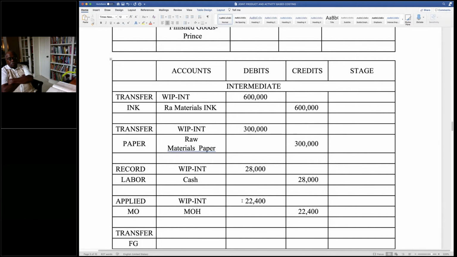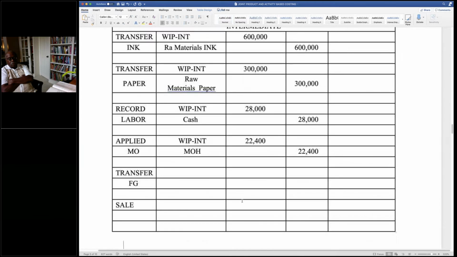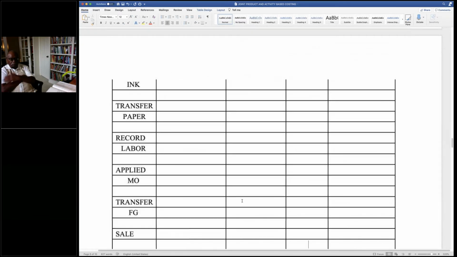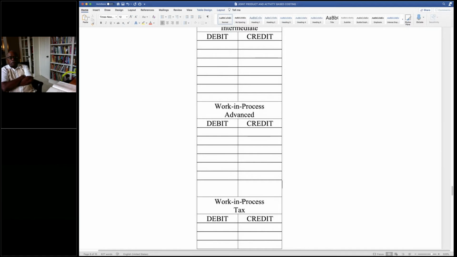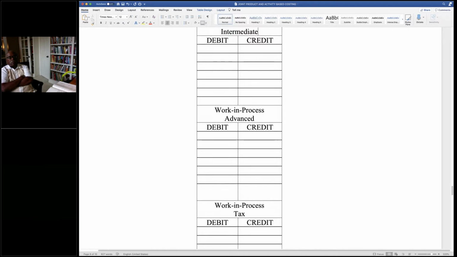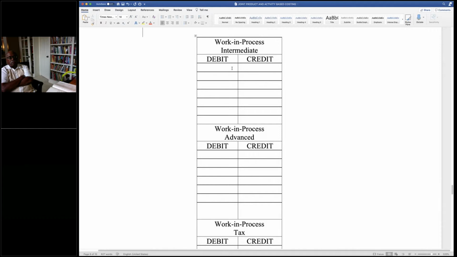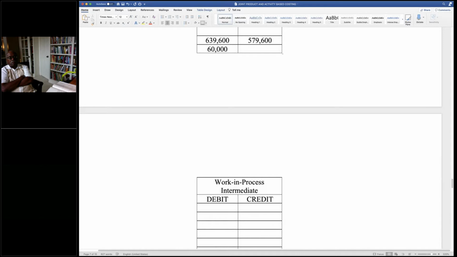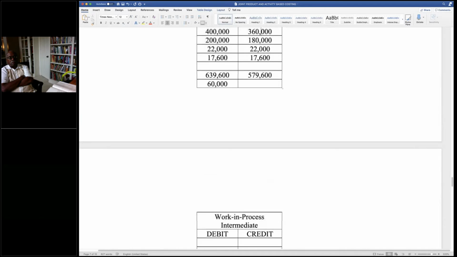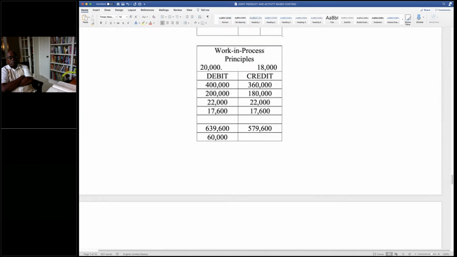Okay, now we're going to go ahead and post these in our T chart because we can't do the next one until we do the T charts for all 3 of those. So first we're going to do the work in process one for them. Or do you want to do the ink in raw material?